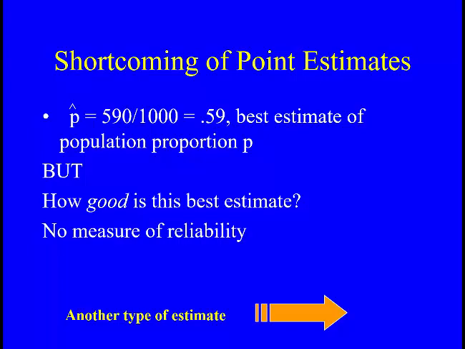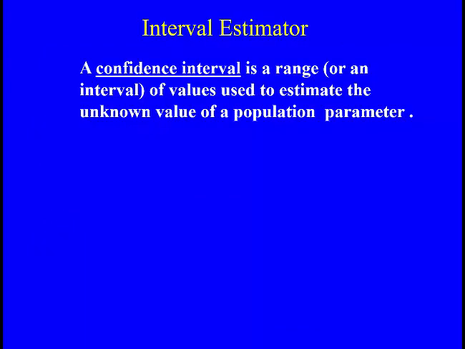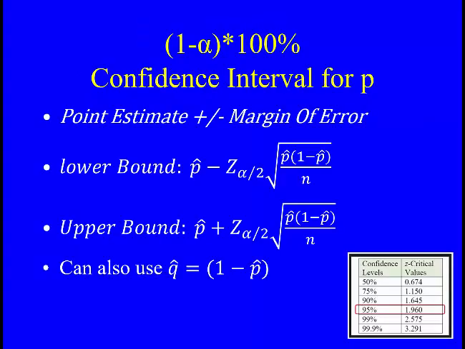We fix this by using another type of estimate, what we call a confidence interval, an interval estimator. A confidence interval is a range or an interval of values to estimate the unknown value of a population parameter. Just like when we talked about confidence intervals for a mean in class, we have a confidence interval for a population proportion p.